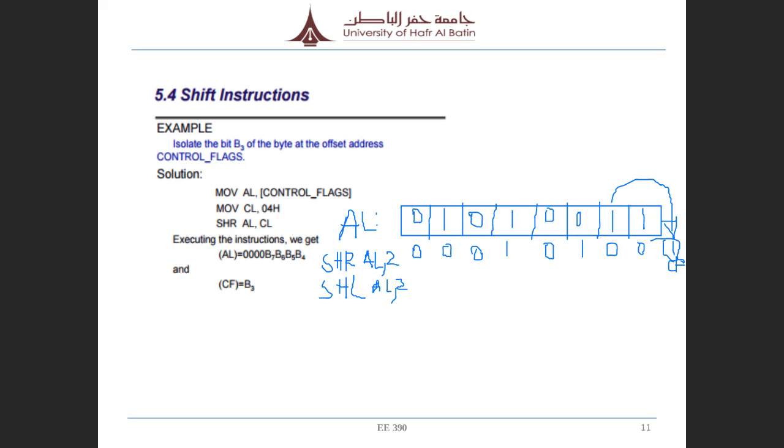Start from the LSB. So this 0 will move 1 to here, left, then 0 0 1 0, and then again 1, and then 0.